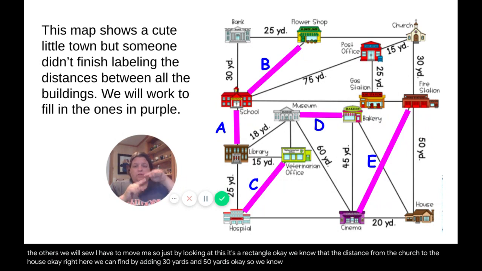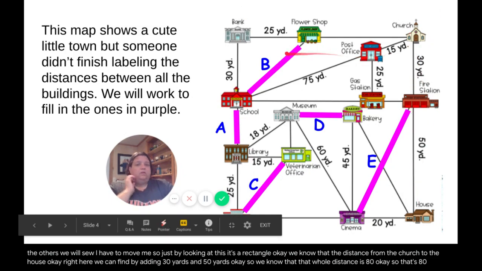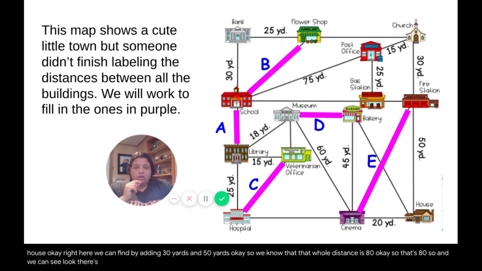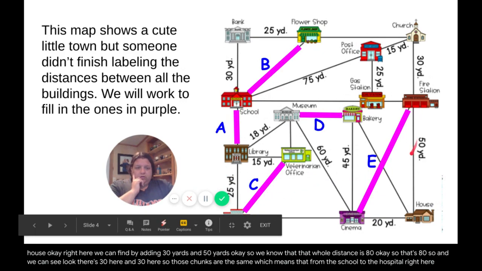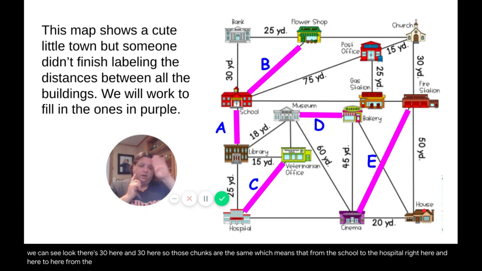So we know that that whole distance is 80. And we can see, look, there's 30 here and 30 here. So those chunks are the same, which means that from the school to the hospital, and from the fire station to the house, those are the same.